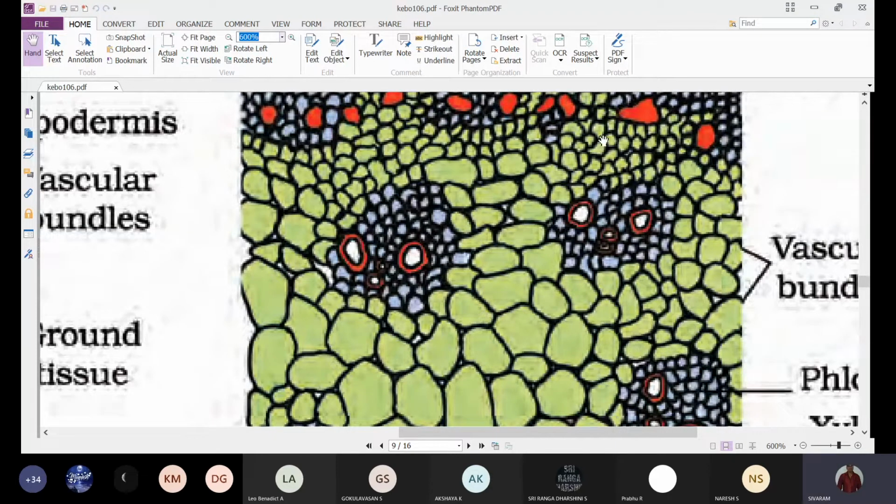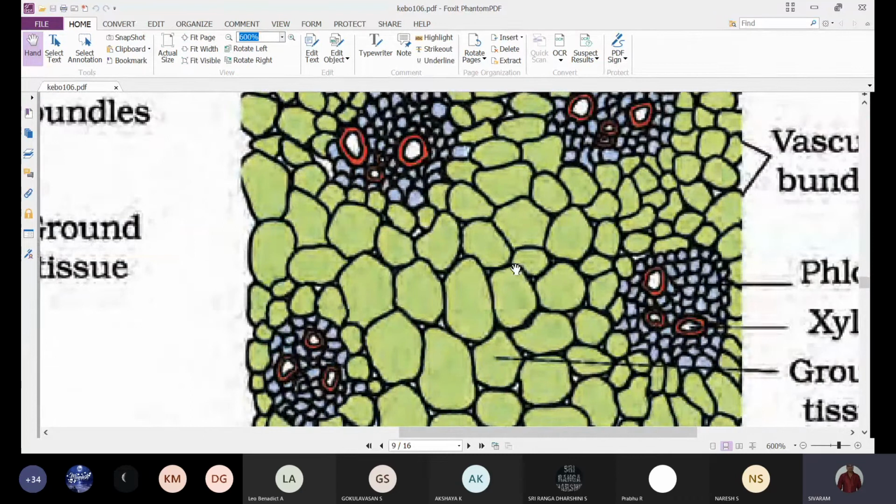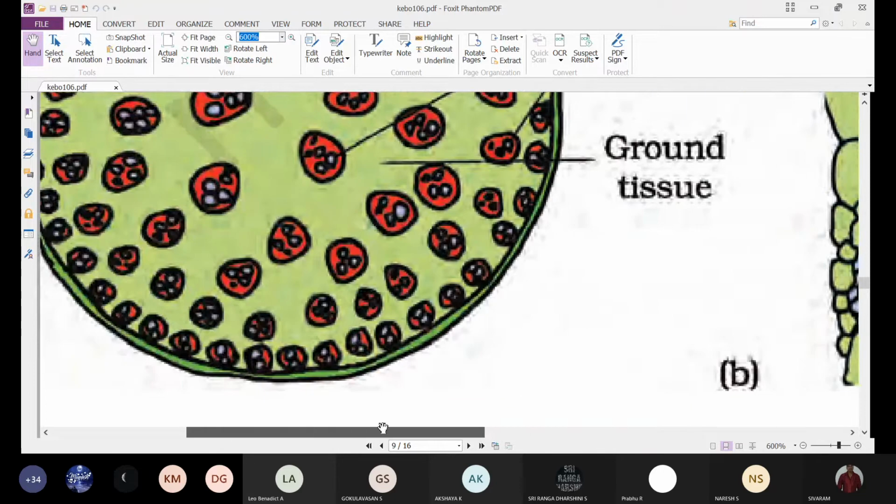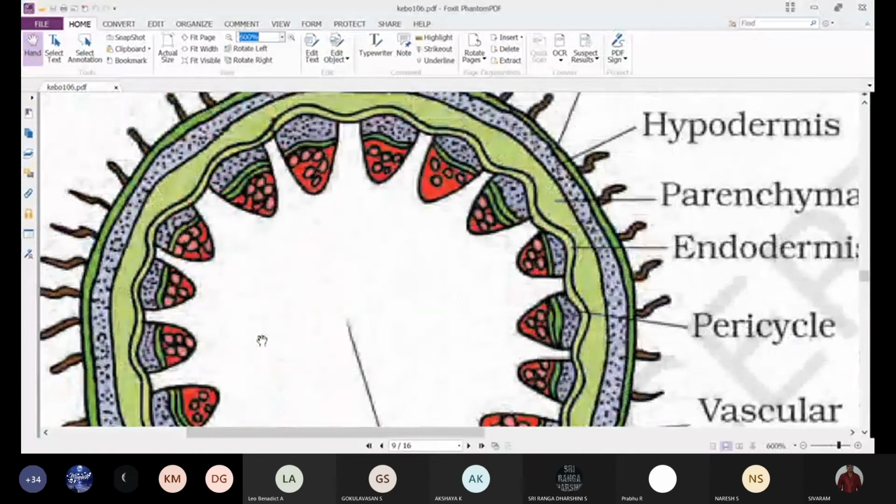And between the xylem and the phloem, we can observe the cambium. This is one vascular bundle. This is another adjacent vascular bundle. In between, we can observe the parenchymatous cells. These are medullary rays. And this is the pith, which we can observe very clearly here.